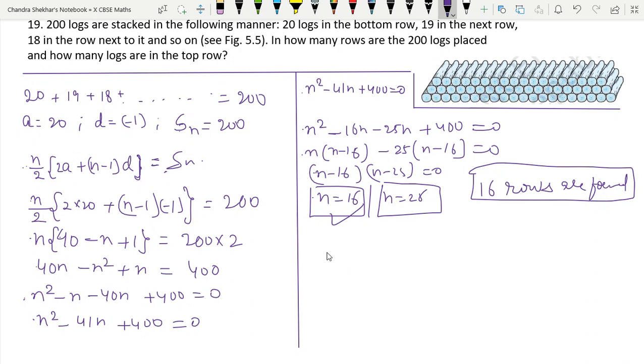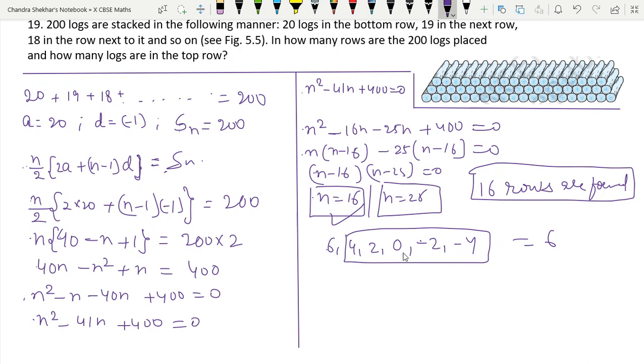Say for example, if it is 6, 4, 2, 0, then -2, -4. What is the sum of all of these? These will get cancelled. The sum is equal to 6. Got the point here?